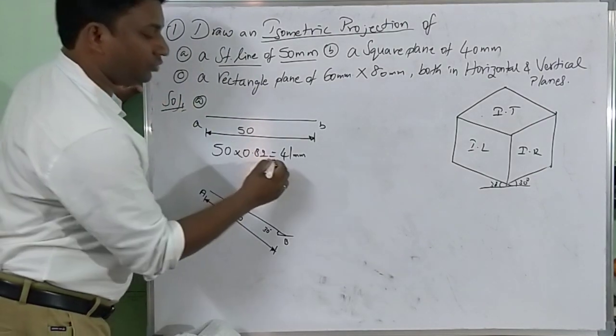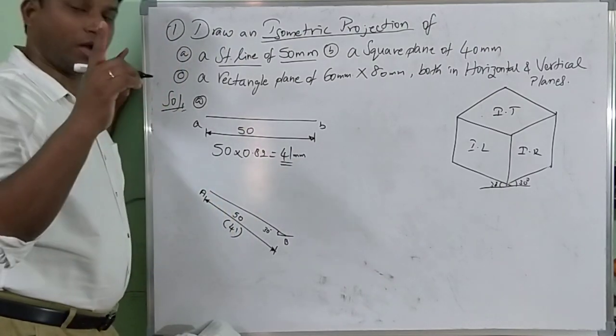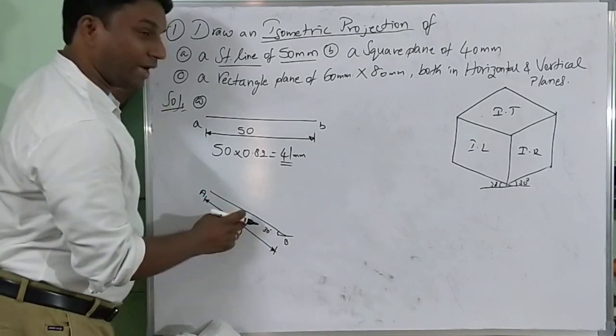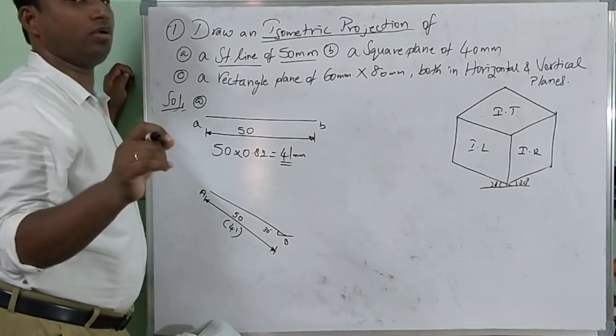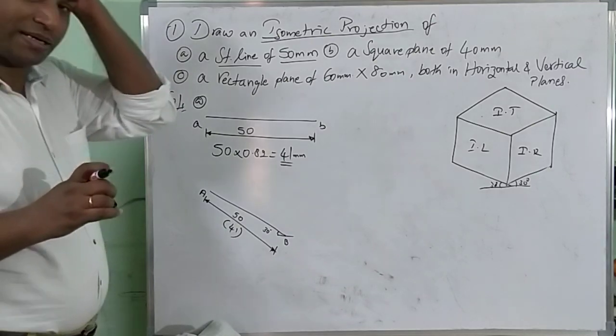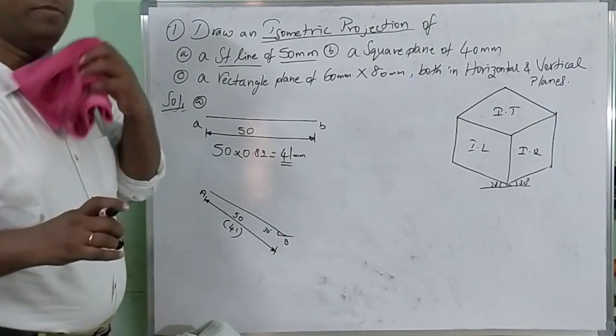But we have to draw with 41 only. You have to draw the dimension showing 41, but the dimension number itself should be 50. Use 41 mm to draw and show 50. Why? Because you are using the isometric size for drawing, but whatever we show is the original number, that is 50.